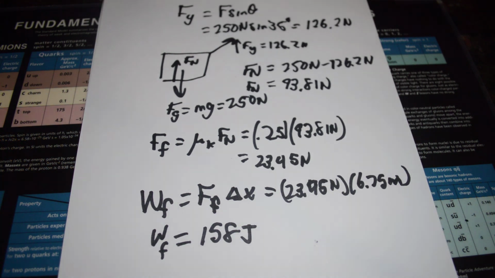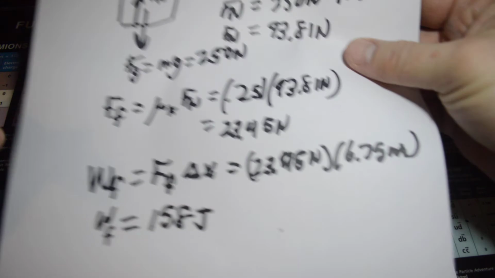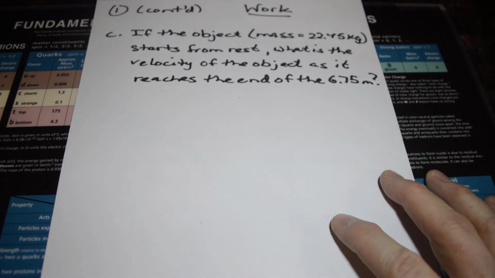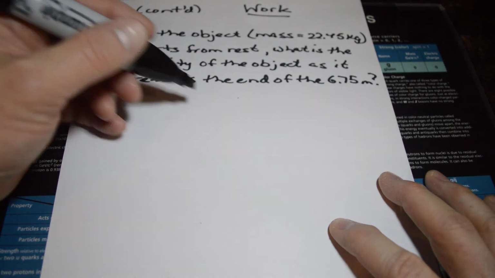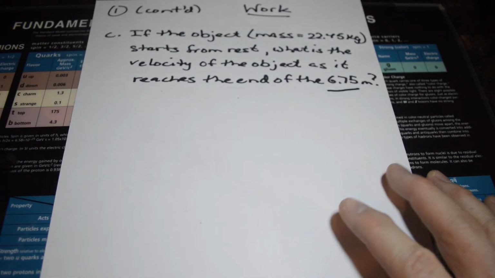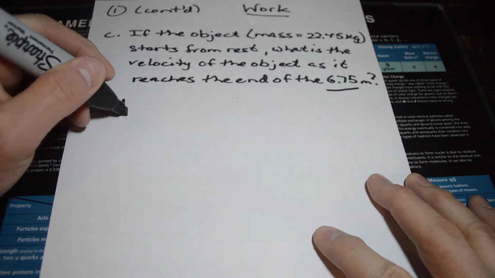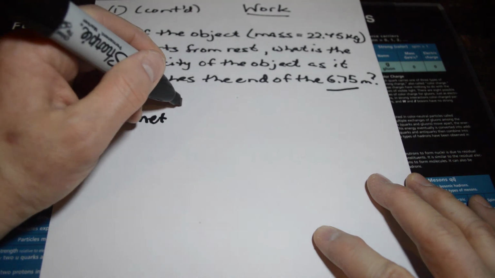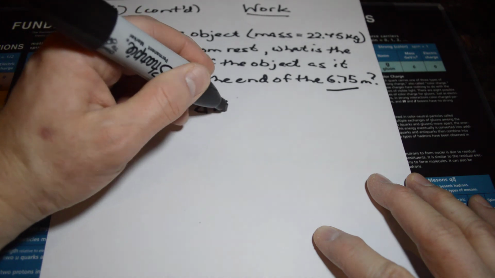Our goal is to quickly move on. And I believe there's a third part to this that says, if the object starts from rest, what is the velocity after it gets to the end of that 6.75 meters? The purpose of that question is for you to realize that work is force times distance, but it's also equal to the change in kinetic energy.